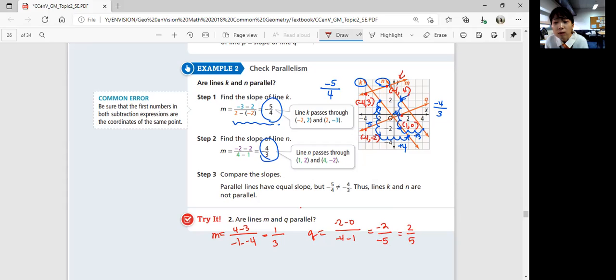That's 2 over 5. Are they equal to each other? No, 1 over 3 is not equal to 2 over 5. So yeah, the answer is no. They are not parallel.